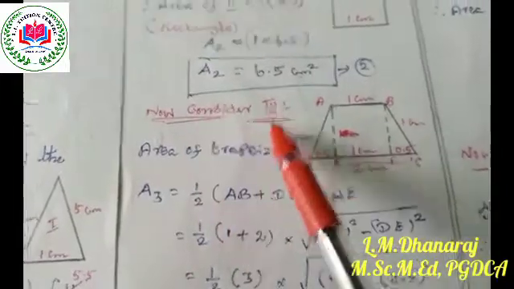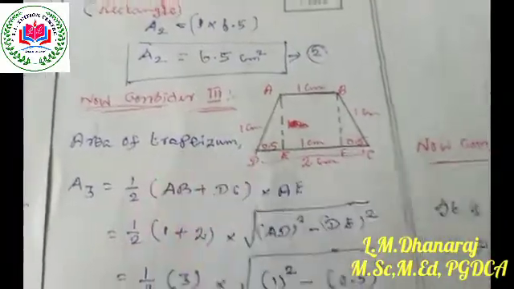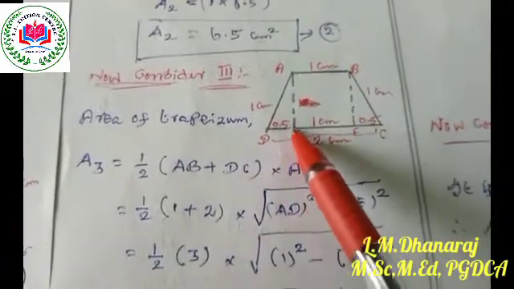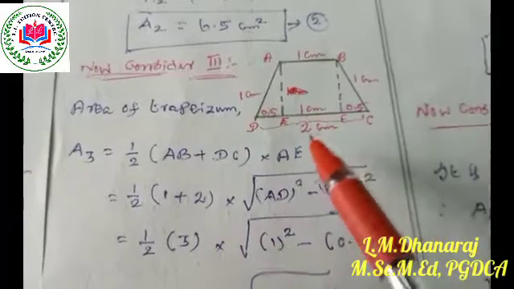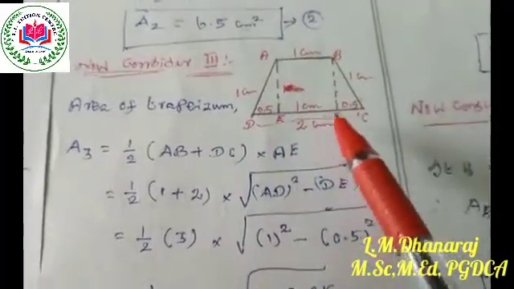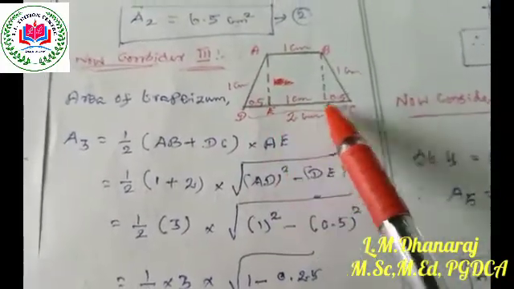Now let us consider portion 3. The third portion is in the shape of a trapezium. The measurements are 1 and this is 0.5, because this entire length is 2 centimeter. By taking the perpendicular line, since this portion is 1 centimeter, this is also 1 centimeter.